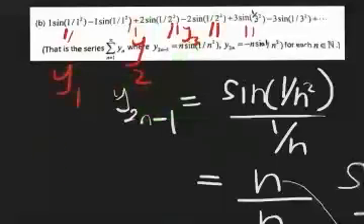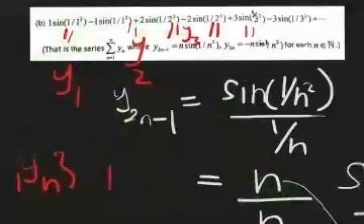So now we have to show y n is monotonically decreasing. If you ignore these signs, we just consider the quantity.